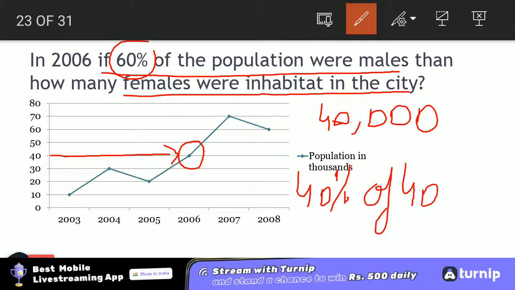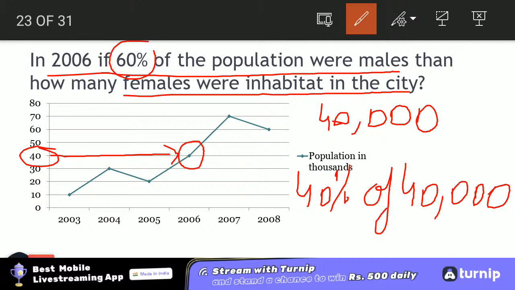Why have I taken 40,000? Because they are asking of the year 2006, and in 2006 our population was 40,000. So when you solve 40% of 40,000, you will get to know how many females were inhabited in the city. So solve it and be careful while solving what is the population of females.